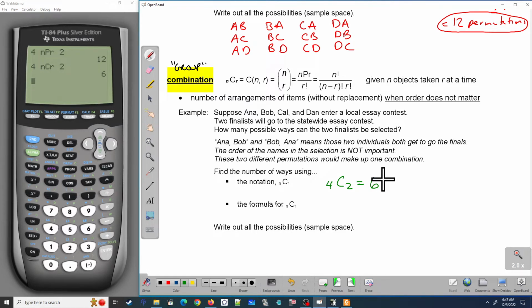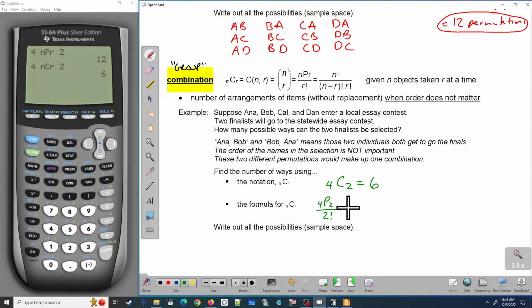And the formula for nCr is actually based on nPr. So in this case, you could have written it as 4P2, but then what you do is you divide by all the different ways those were ordered and then end up being the same group. So in this case, 2 factorial.